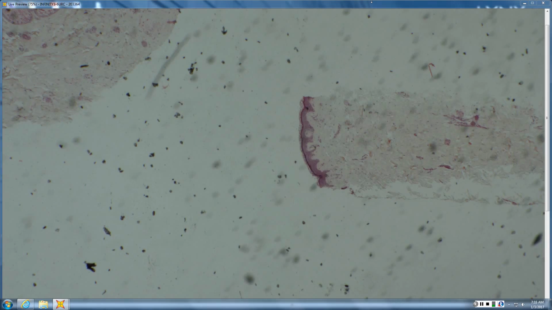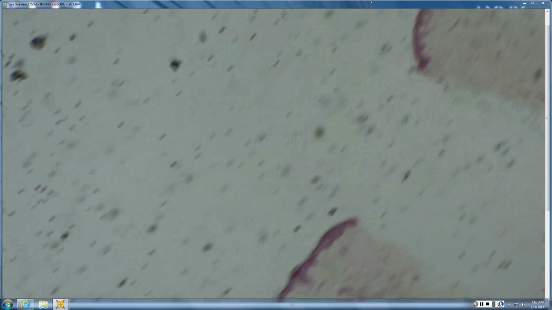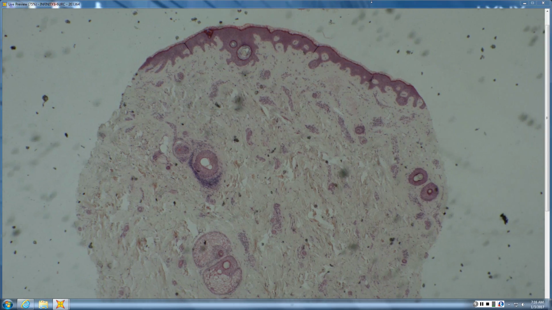And this last slide is supposed to be overlap between pattern and, I think, LPP. Let me just check. Yeah, so pattern with features of LPP. To be honest, it's a little more challenging, especially with this tangential cut here.